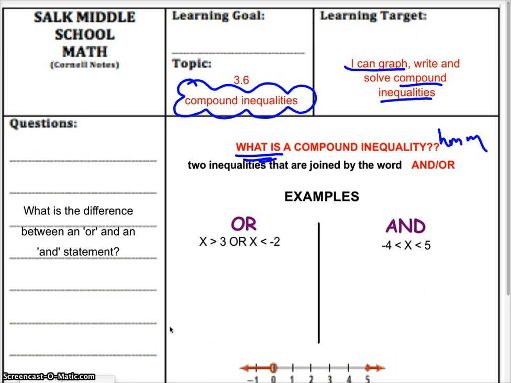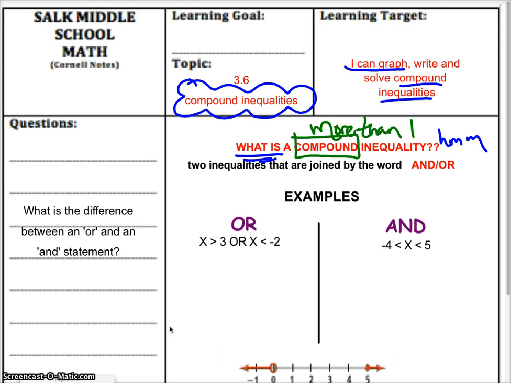Well, I'm going to try to scaffold my knowledge, so I look at the word compound. If I think about a compound word, it means more than one word, like dog house, tailgate. What's another compound word? Bathtub. Okay, those are all compound words. There's more than one. So compound I know means more than one.